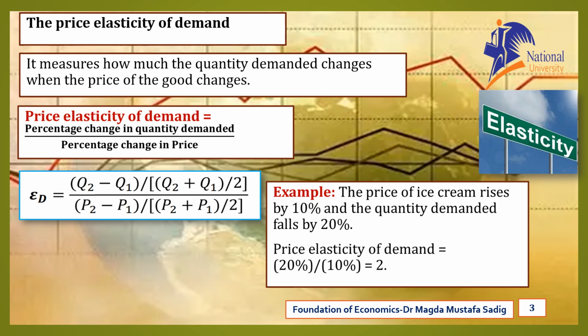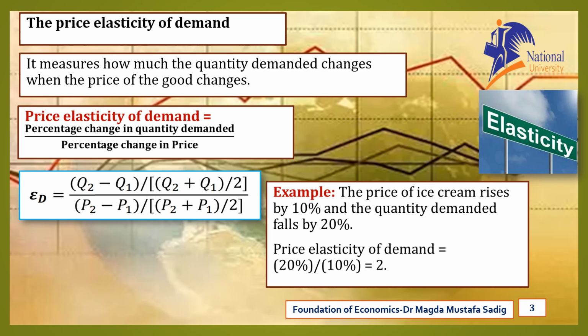Percentage change in price is how much the price changes, also as a percentage. So the formula as it appears is (Q2 minus Q1) divided by ((Q2 plus Q1) divided by 2). The whole thing is divided by (P2 minus P1) divided by ((P2 plus P1) divided by 2).